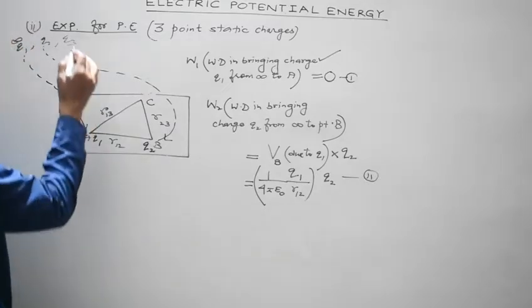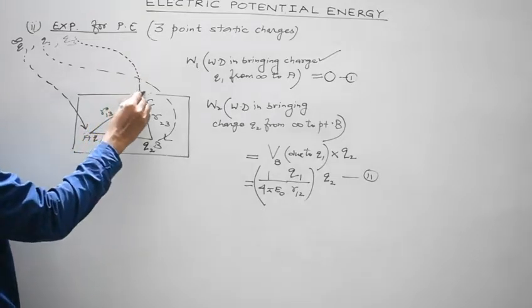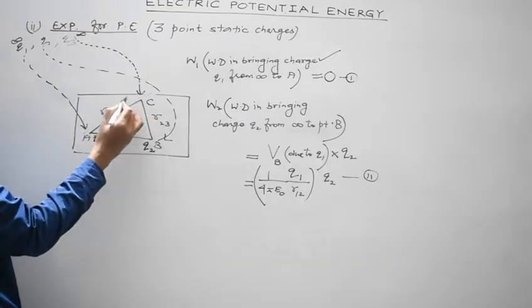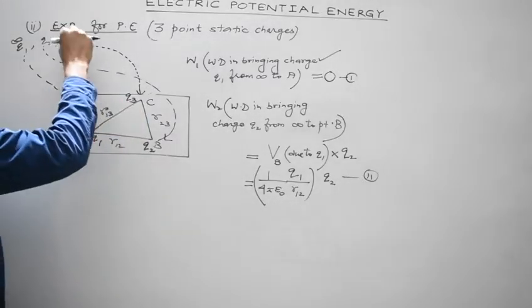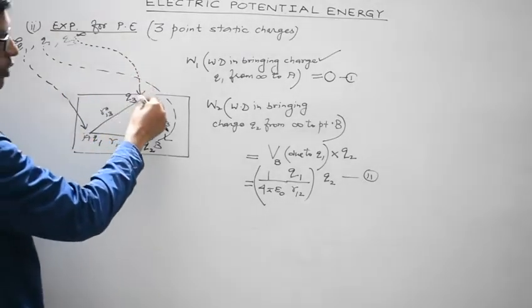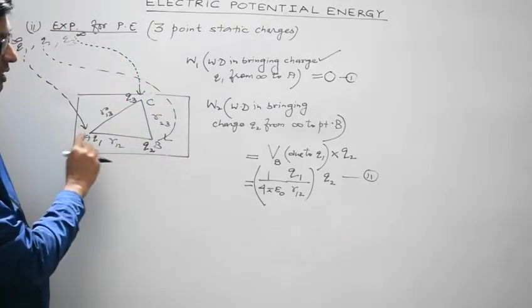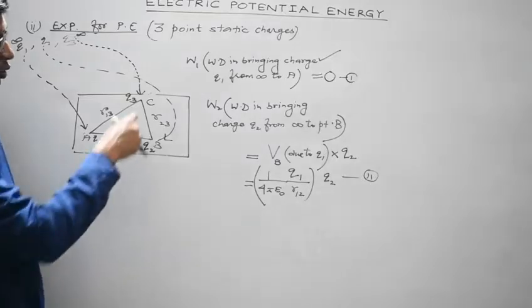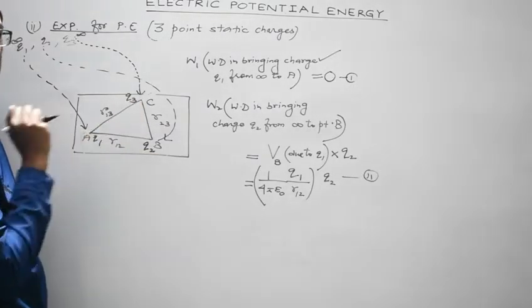Now let's find out the work done in bringing charge Q3 from infinity to its respective position C. As we are bringing charge Q3 from infinity to point C, the charges Q1 and Q2 are already present at points A and B. So here at point C, the net potential would be due to charge Q1 as well as Q2.